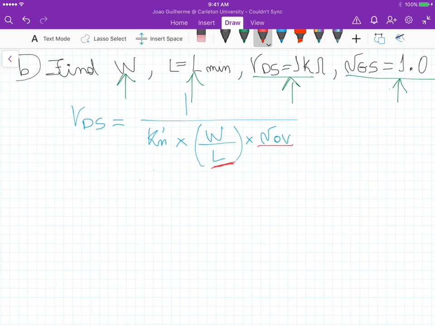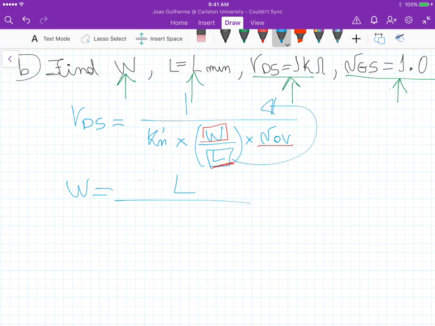First, if we rearrange this equation to get W on the left hand side, we can rewrite it as W equals L, where L goes to the numerator, and I write L minimum because that's imposed by the problem, divided by the process transconductance times the drain source resistance times the overdrive voltage.